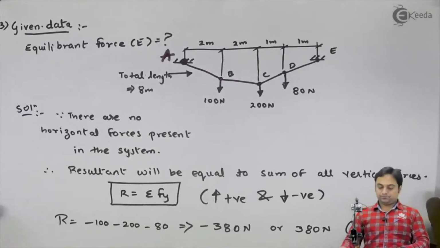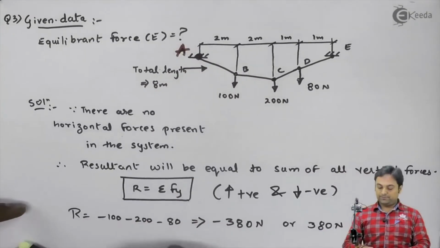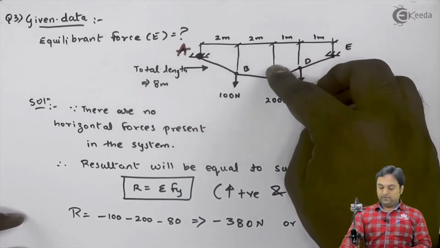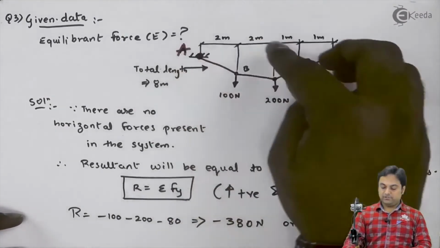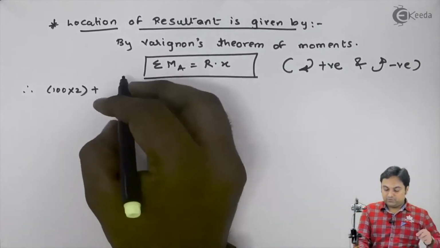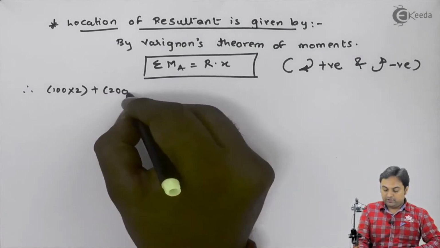After this, the 200 Newton force is acting at 4 meters from A. It will be producing a clockwise moment, so I'll write plus 200 into 4 because of being clockwise.